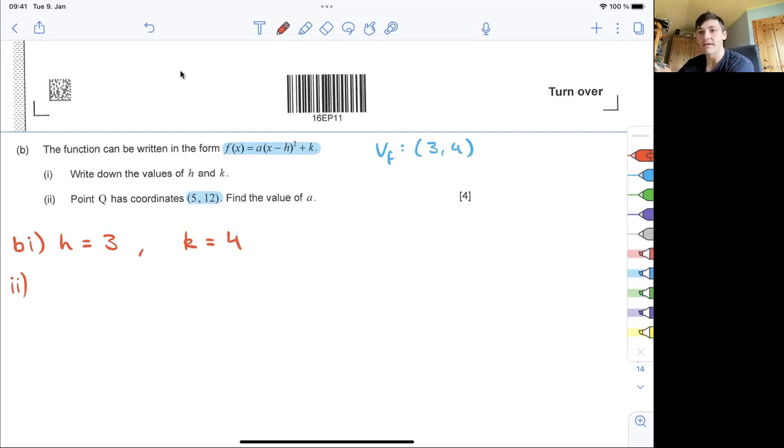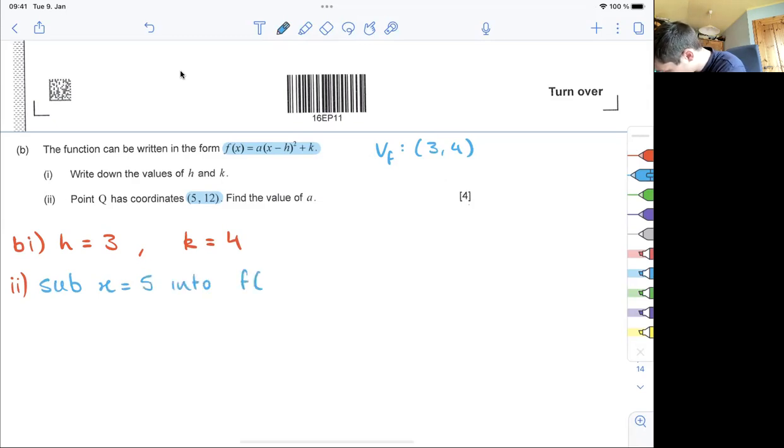When we plug x equals 5 into our function f, the value should be 12 at the end. So f of 5 is equal to 12.